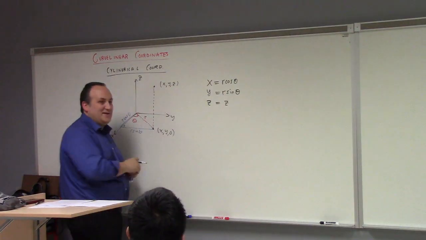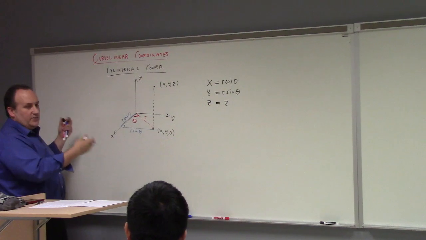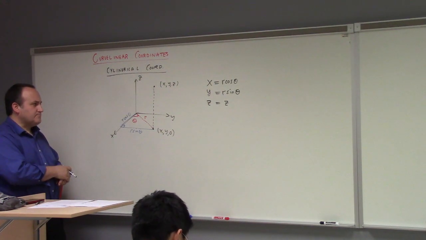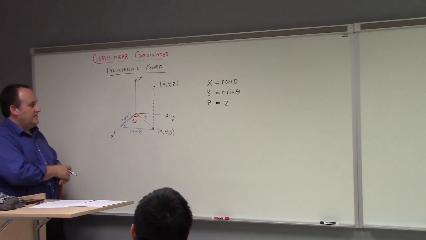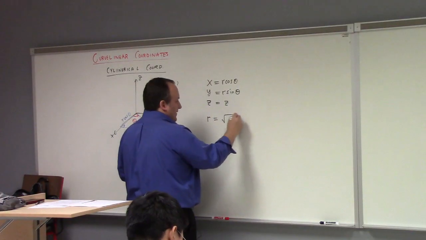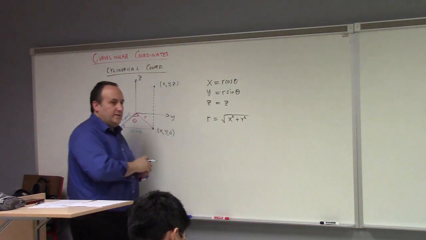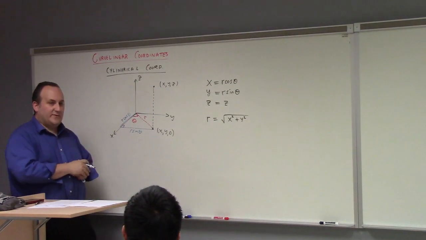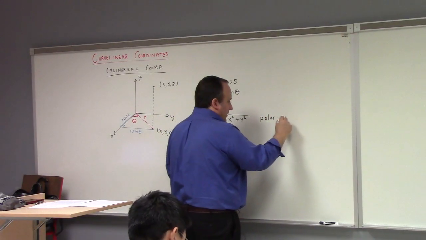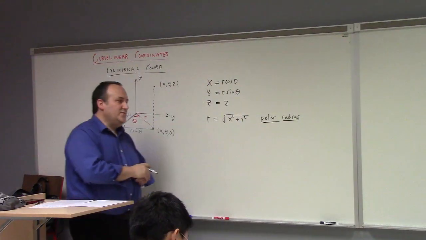So cylindrical coordinates are just the usual polar coordinates in the plane paired to 3 dimensions. The formula for r is the square root of x squared plus y squared. I usually call this the polar radius, and I'm going to insist that the polar radius is non-negative, so I do mean the positive root.